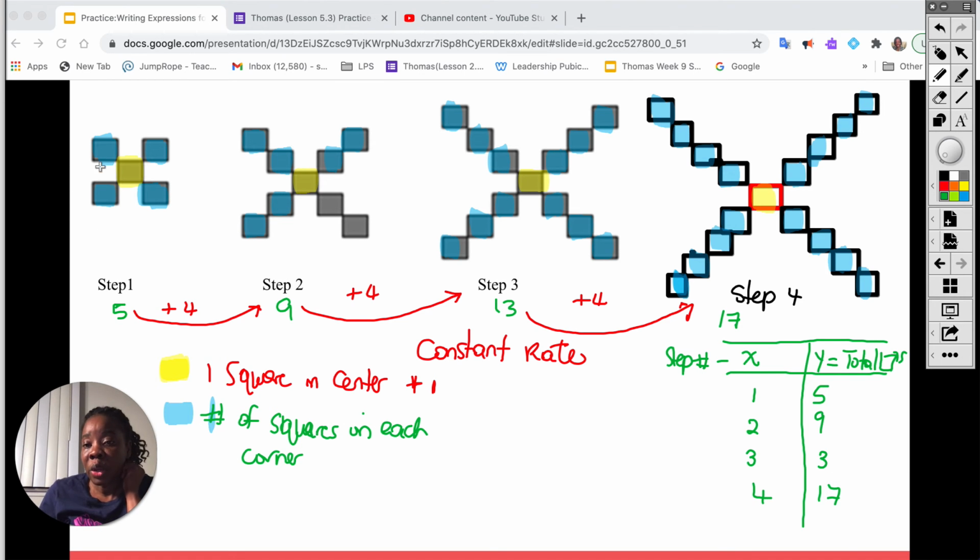The number of squares on each corner always happens to be 4 times the step number. So it's always 4 times the step number.